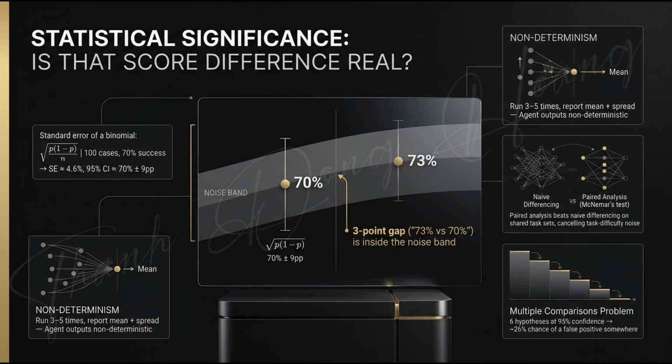It cancels out shared task difficulty noise and is far more sensitive than treating the 2 success rates as independent. One more trap: testing several hypotheses at once. Even at a 95% confidence threshold for each individual conclusion, testing 6 hypotheses in parallel gives you a real chance, over 1 in 4, that something looks significant purely by luck.